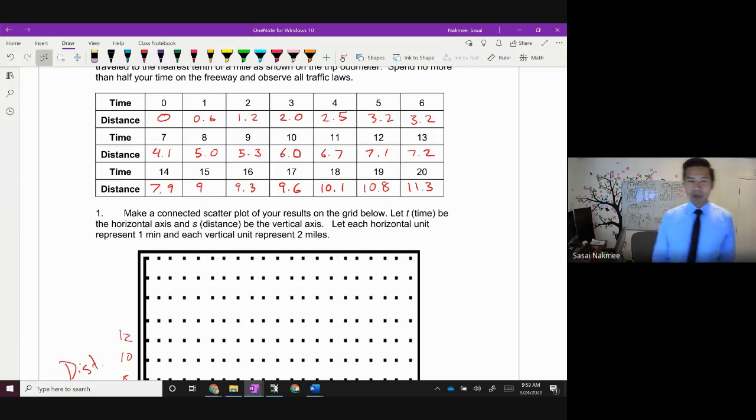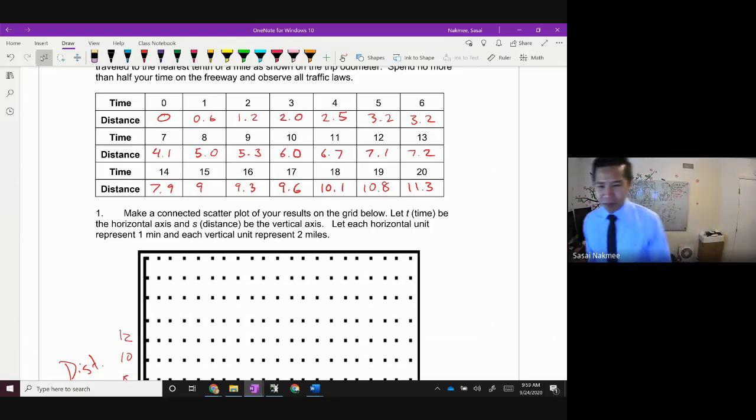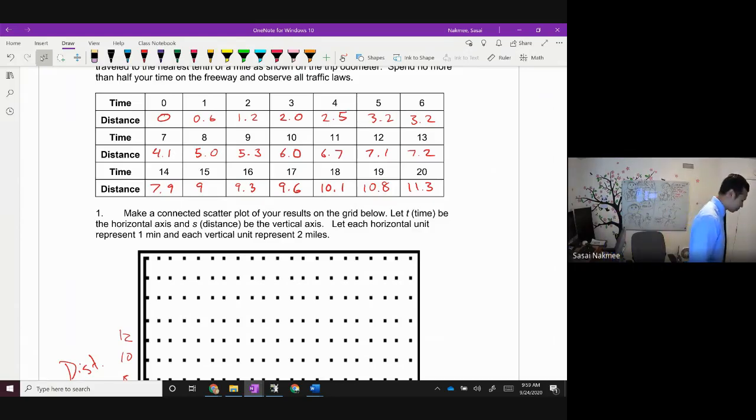How much do we round to? Just 1 decimal place. Let's round to 1 decimal place. Keep it simple. Okay. Some of you guys are filling it all out completely. That's awesome.